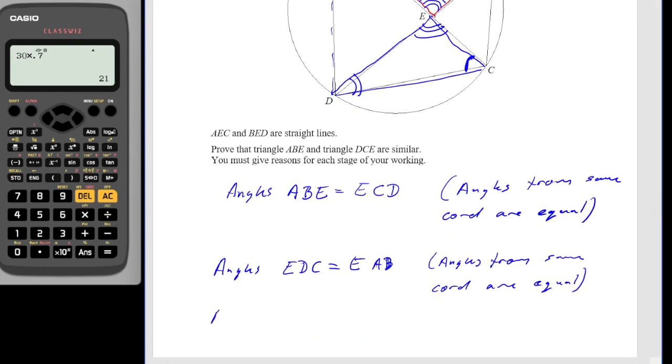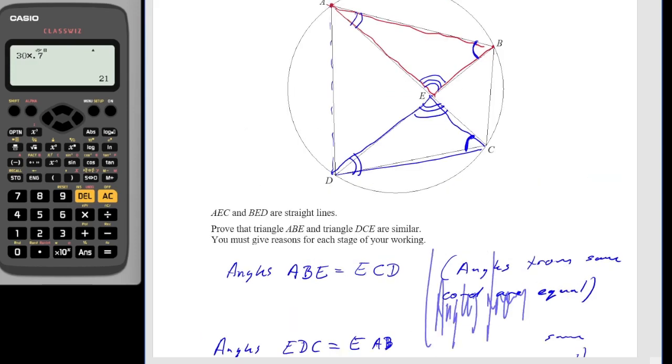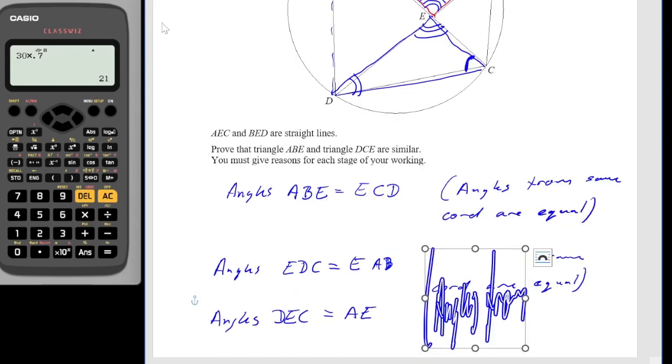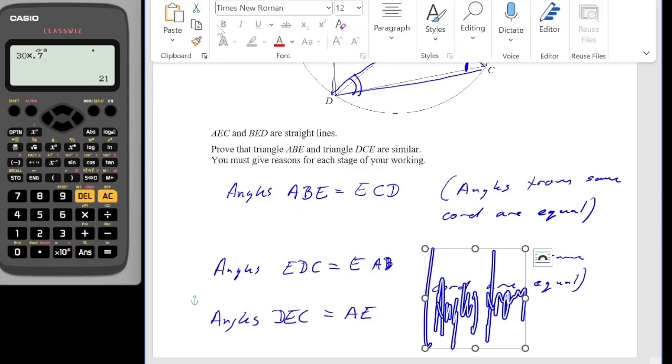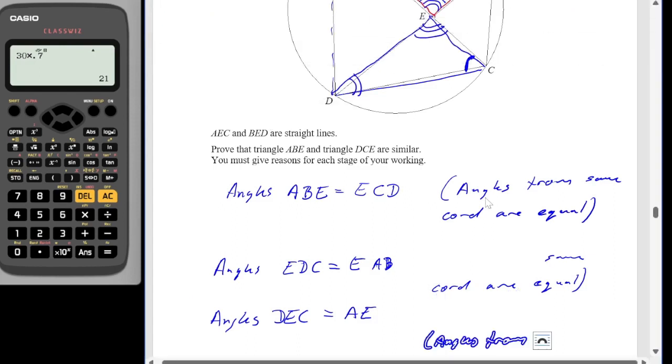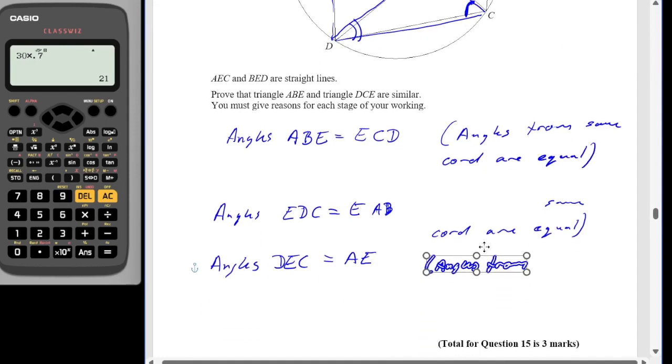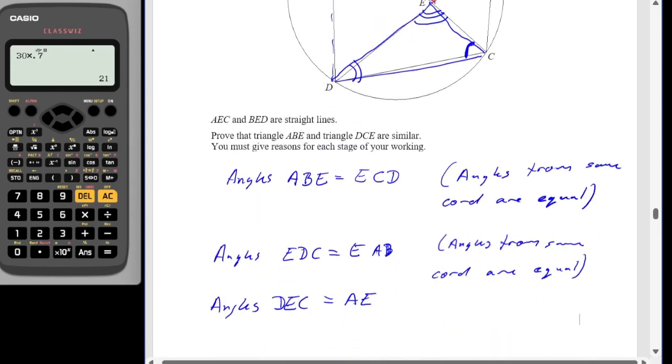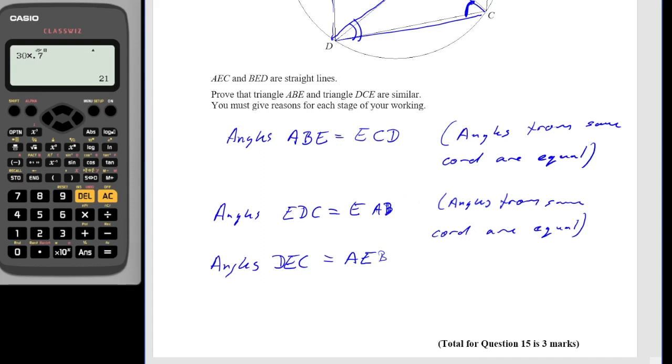So angles DEC is equal to AEB, and they are vertically opposite angles.